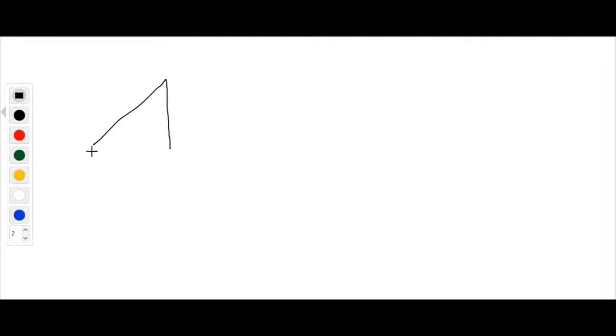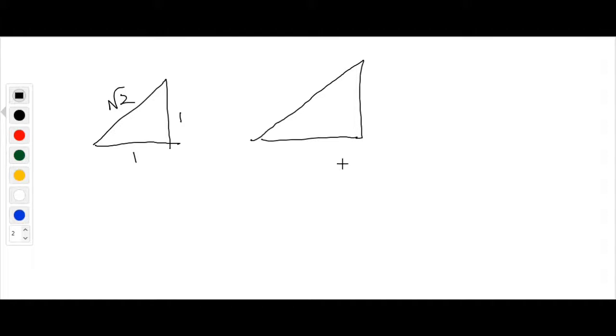So for the first one, we have 1, 1, square root of 2. Second one, we have square root of 3, 1, 2. And for the third one, you have square root of 3, 1, 2.